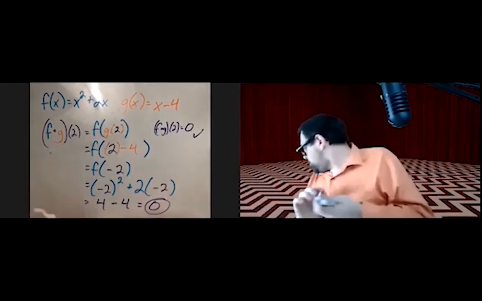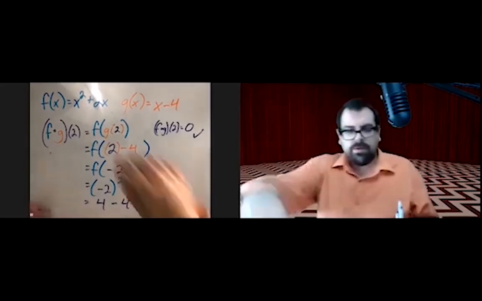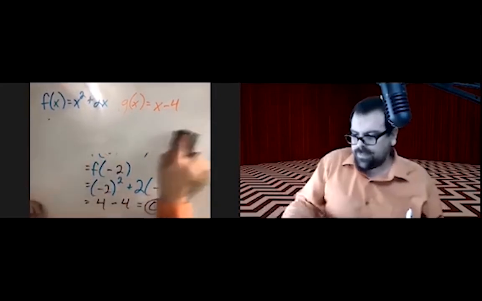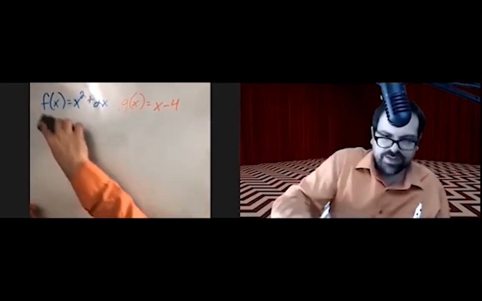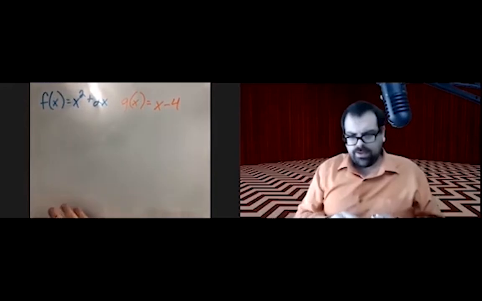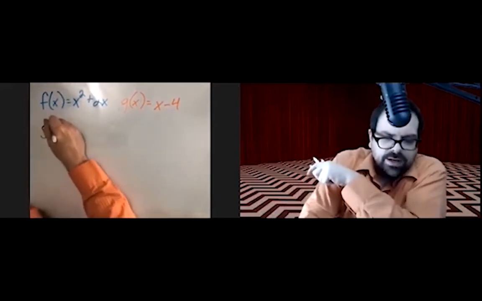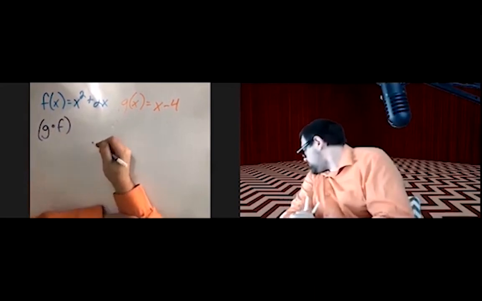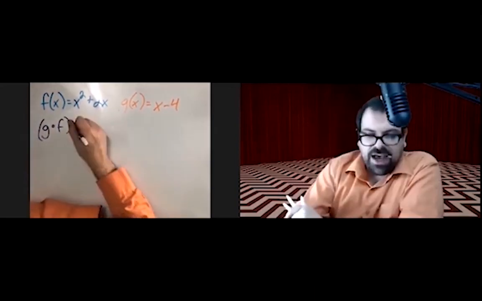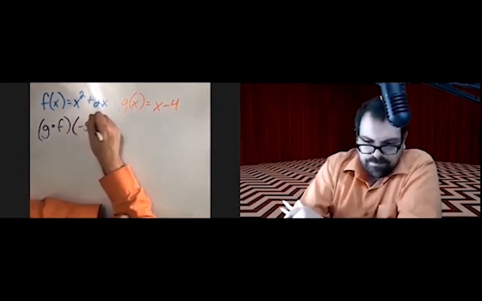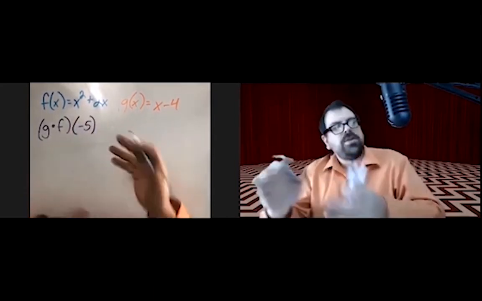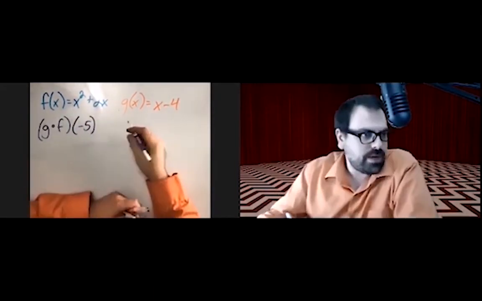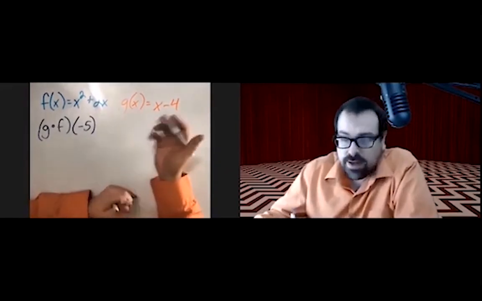Let's do something different this time. Let's take a look at G composite F of negative 5. I'll do them in the reverse order this time. I'm still going to show both ways.